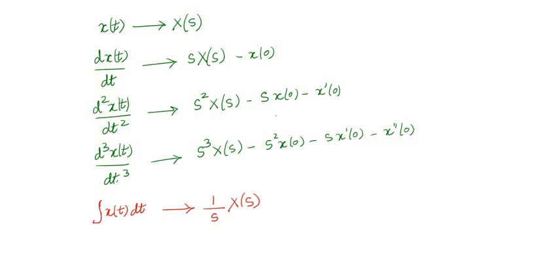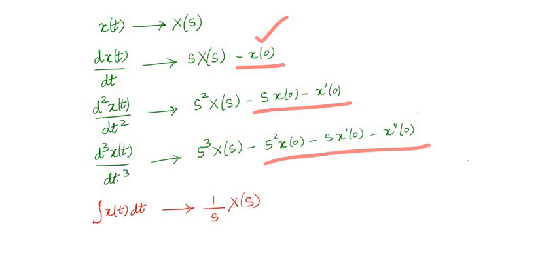And remember, these are the initial conditions. What are the initial conditions? This x of 0, you can clearly see small x stands for time domain. For the time domain signal x of t, if I substitute time t equal to 0, I will get x of 0. What is x dash of 0? x dash of 0 is again in the time domain.